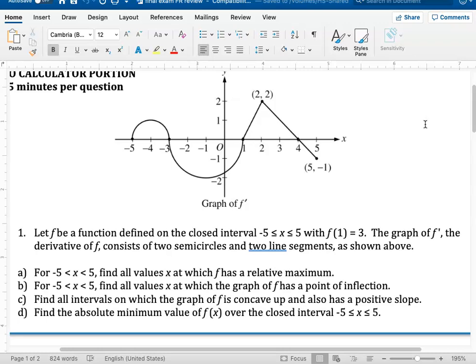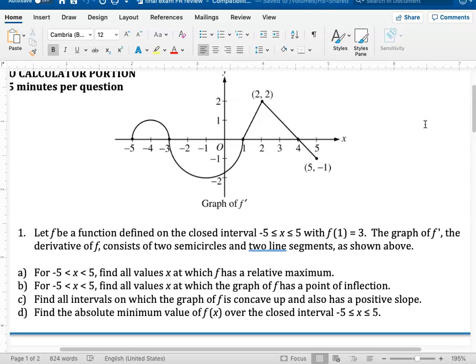So we're looking for where f prime is both positive and increasing. Positive means above the x-axis. Increasing means going up. So tell me the first interval where f prime is both positive and increasing.